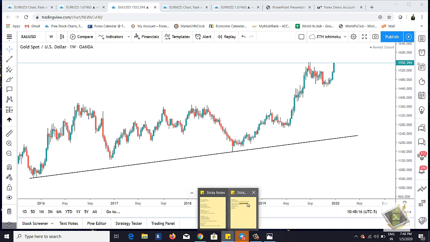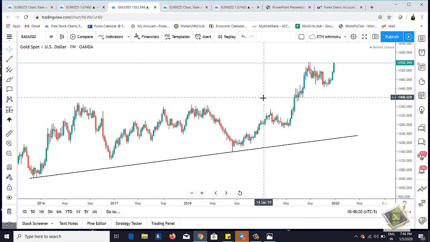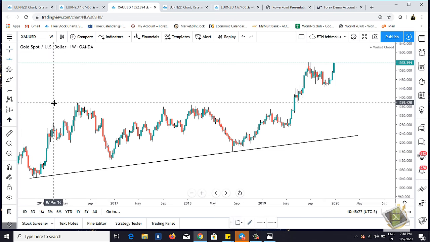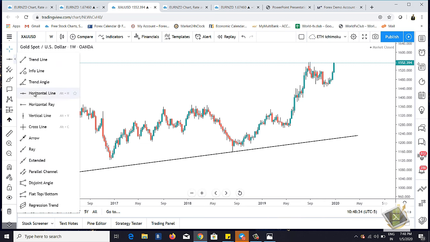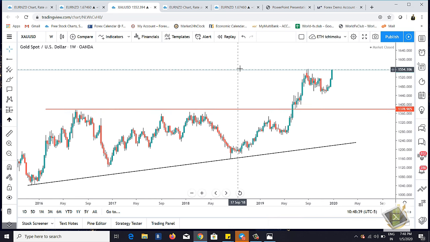Now what is the third point? Support and resistance zone. No, first we need to find out peaks. Okay, so previous peak, yeah, previous peak. Okay, now this is the peak, so it is already trading at the peak right now.